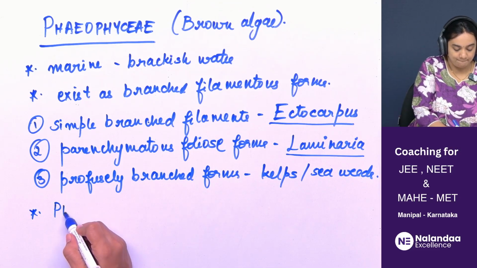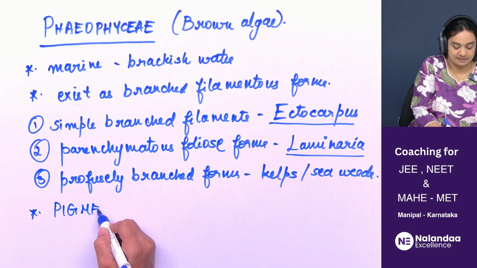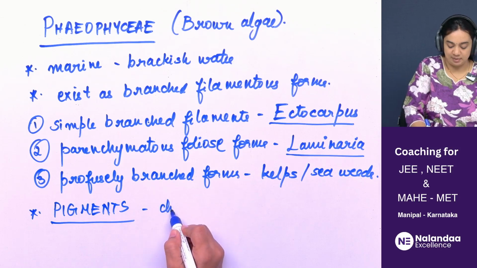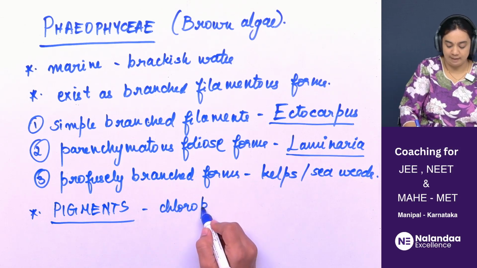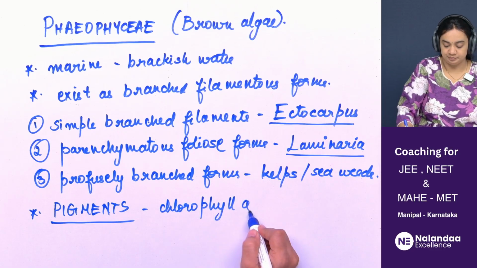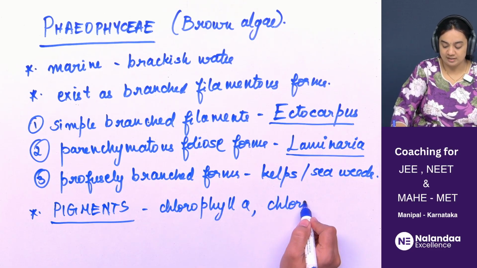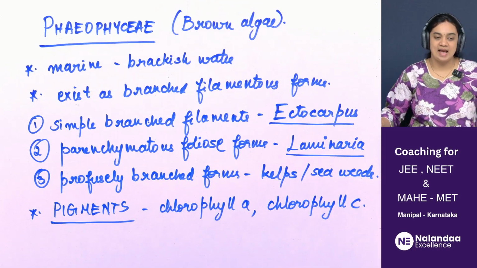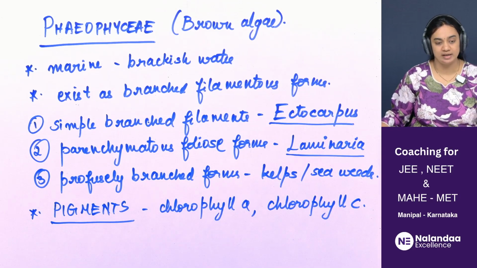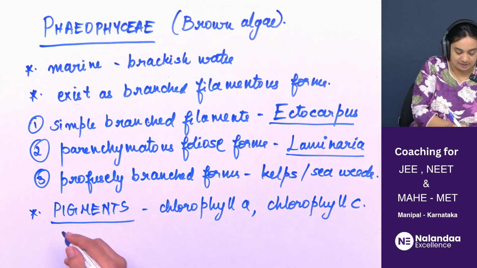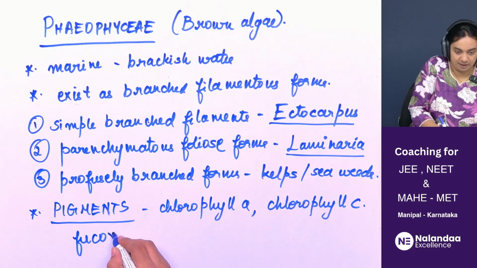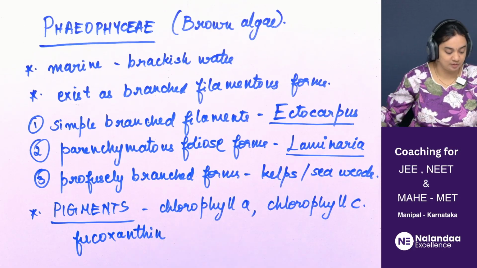And then talking about pigments. In this case, the pigments are chlorophyll a and chlorophyll c. And as the name indicates, it is brown in color, which means there is predominance of a specific pigment called fucoxanthin.